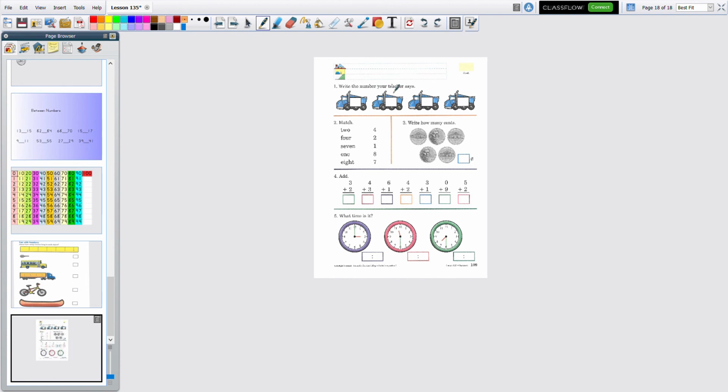Remember what that is. The second dump truck is the 12. Write 12 in that one. Now for the third dump truck, listen closely. 94.